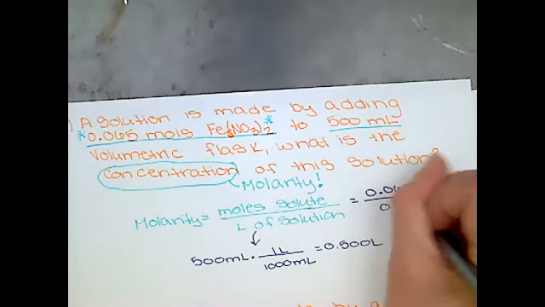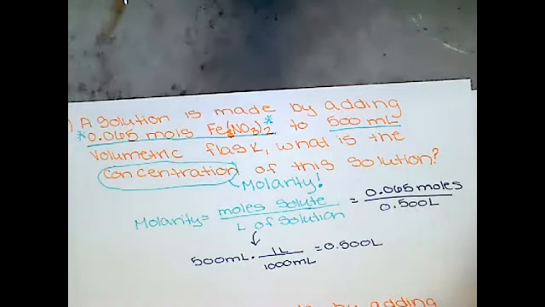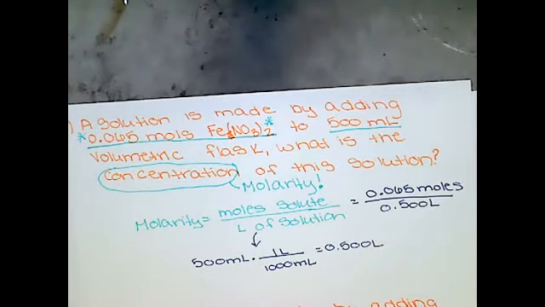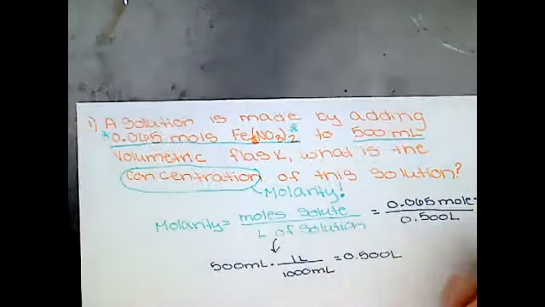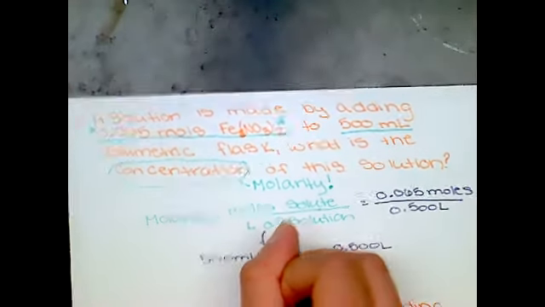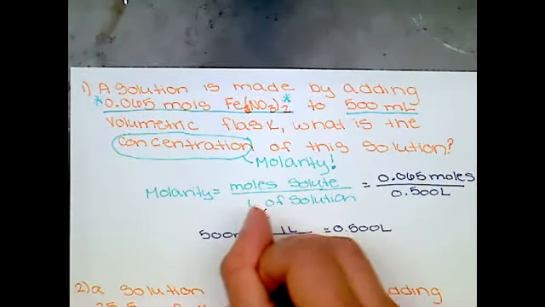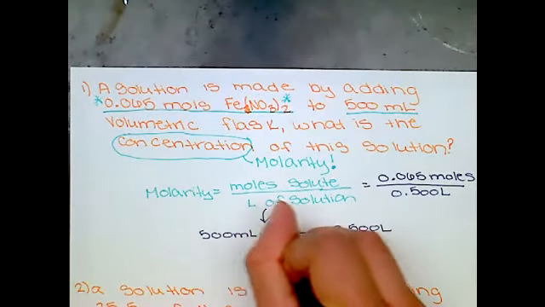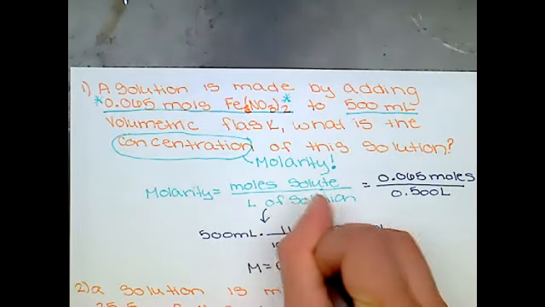You need to make sure that everything you put into the equation has the correct units. So now we can go ahead and divide. We have 0.065 divided by 0.5. And what we get for our molarity, I'm going to write right down here at the very bottom, is molarity equals 0.13.